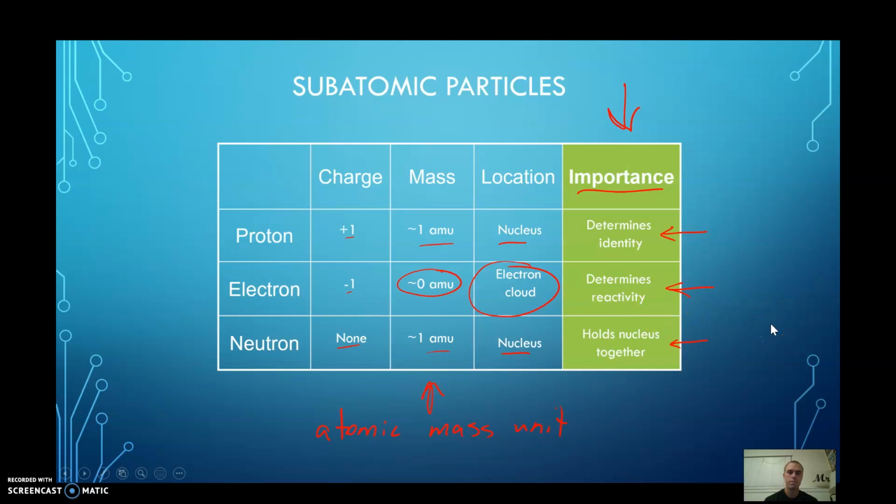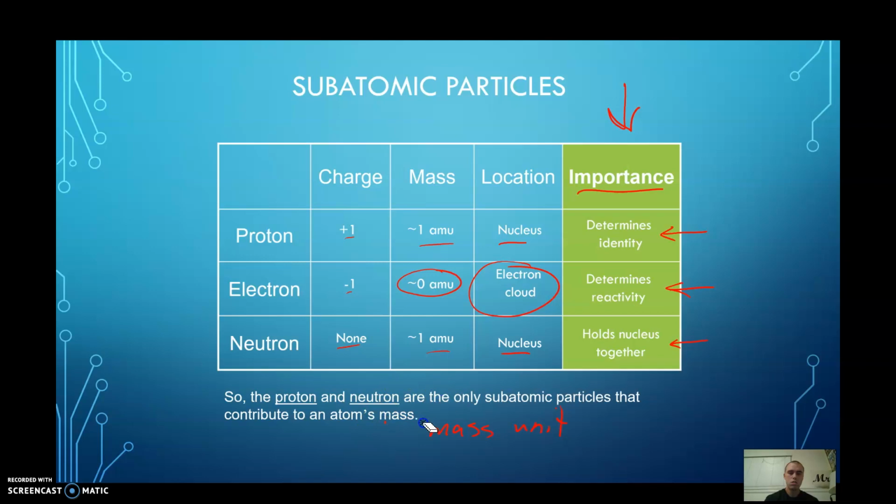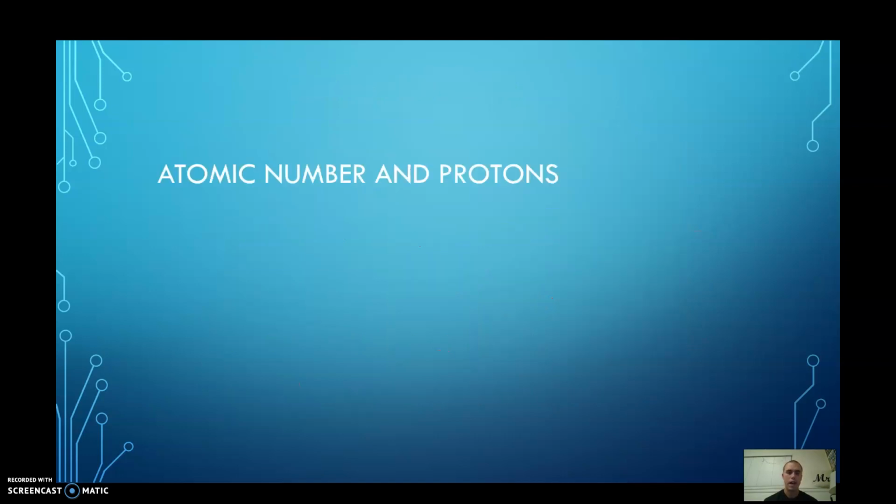Looking quickly at the mass, we can determine that the protons and the neutrons are the only thing that contribute to an atom's mass. As we move forward, that's going to be an important idea for us to have a grasp on.